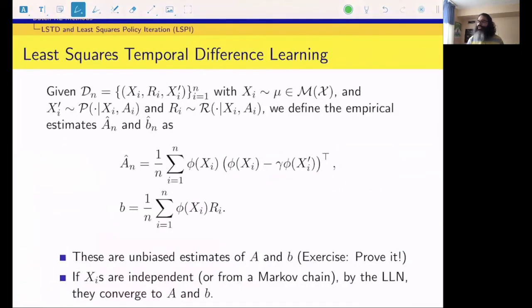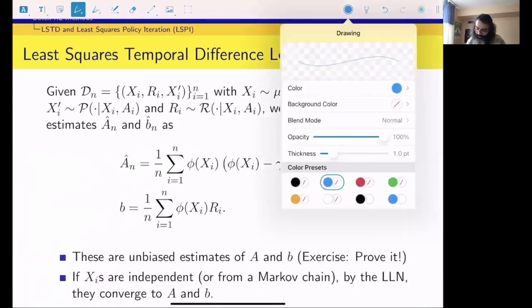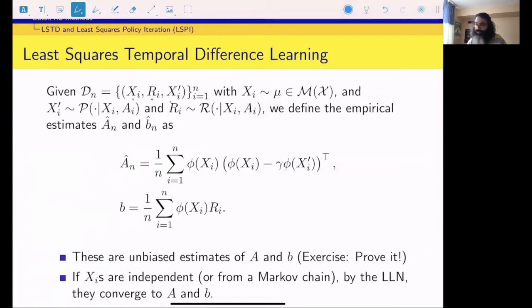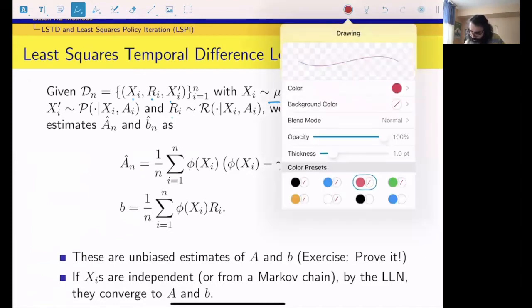So basically I'm rewriting what we had in the previous slide, after what I added to the slide. Given data points in the form of x_i, r_i, x_i prime, with x_i's coming from distribution mu, x_i prime coming from next states, and r_i coming from a reward distribution. Okay, maybe I should change it to be a bit more consistent.